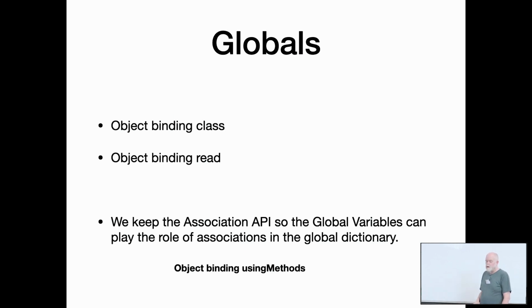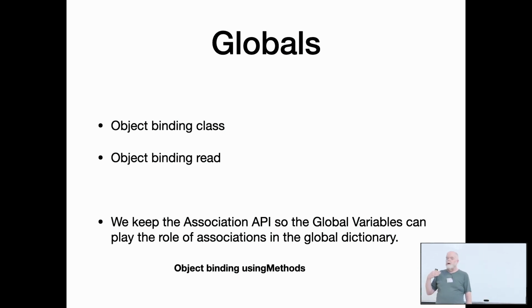For globals, we keep the API that if you have a class, we can just ask binding, and it will return to us the global variable object. And this one, we can ask for its class, for example, and it would say GlobalVariable, or we can say read, and it would read the global variable. Or we can say write, and we could store a new value inside of that. We keep the association API for global variables, and this allows us to keep them like before.